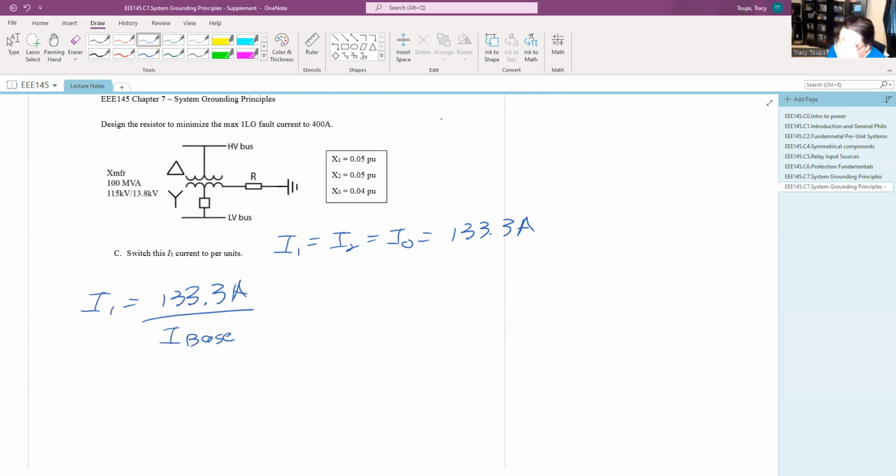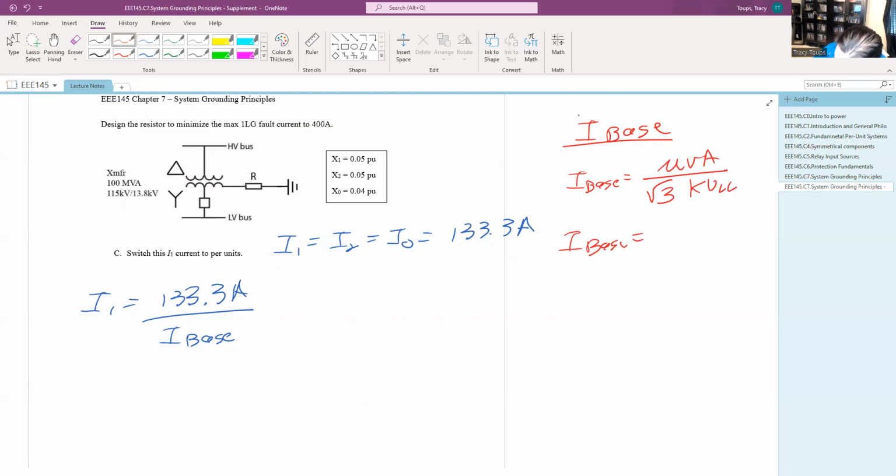Now, in the lecture slide, I just gave you the base current, but I think I'm doing you a disservice by not showing you how to get it, so we all remember. Let's calculate I base. You might as well memorize this equation: I base is your MVA divided by square root 3 times kV line to line. In our case, I base is equal to 100 MVA divided by square root 3 times 13.8 kV.